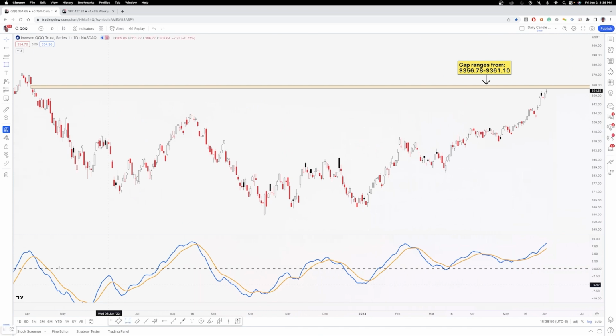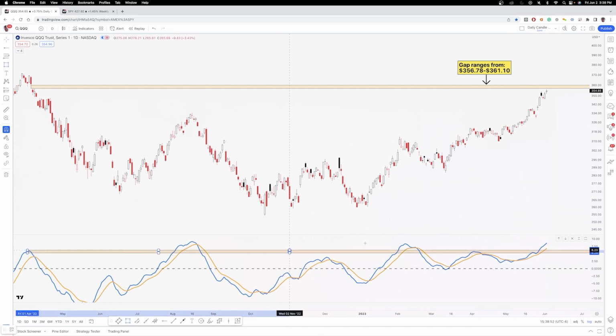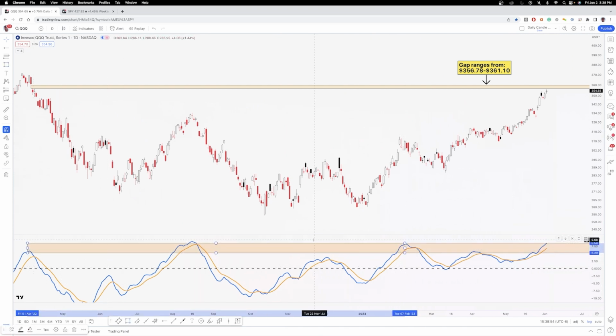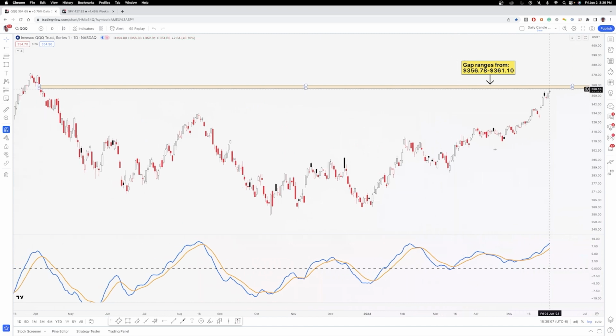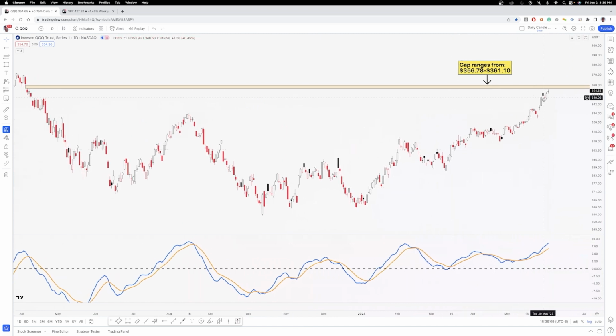Notice here that if we were looking at kind of these thresholds that I was talking about for the MACD, we are starting to near some of these areas where we do have kind of this cresting formation. So honestly, at this point, I think it would be pretty healthy for a pullback in the Qs. I think 361 or I'd say 362 to 365 is going to be at least a short-term kind of top here.